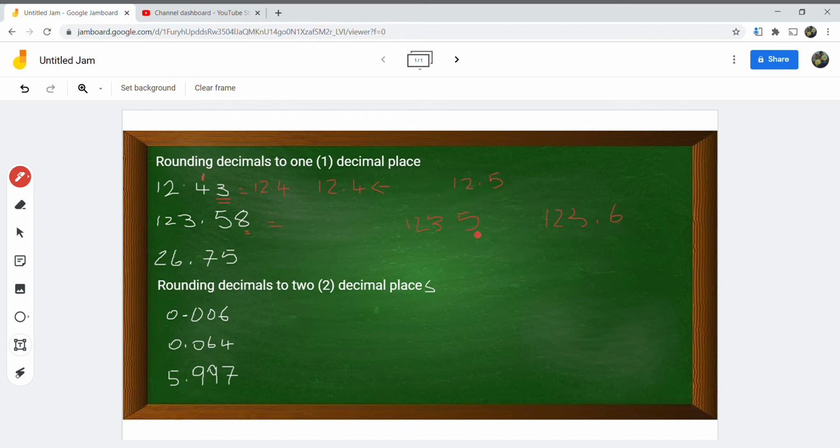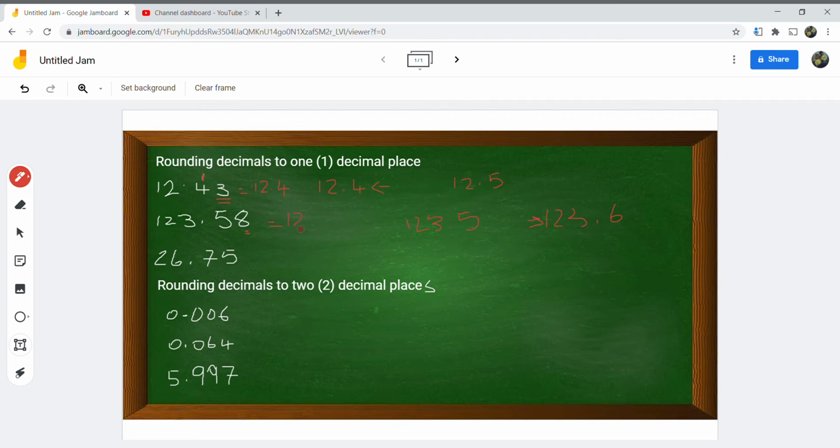So we're wondering where we should go. Because of the number that is in the hundredths position, we know that we're going to go up. So we are going this direction here, up, to 123.6, and that's our answer there.